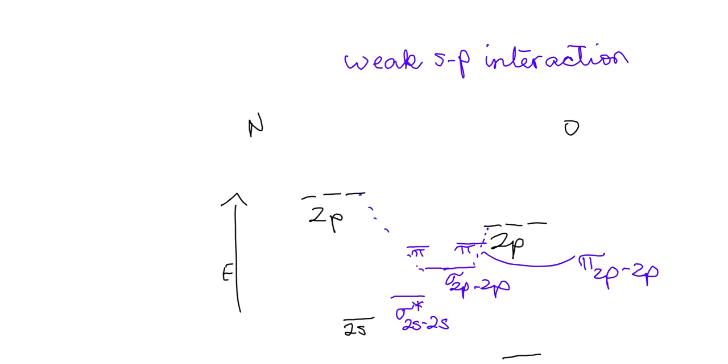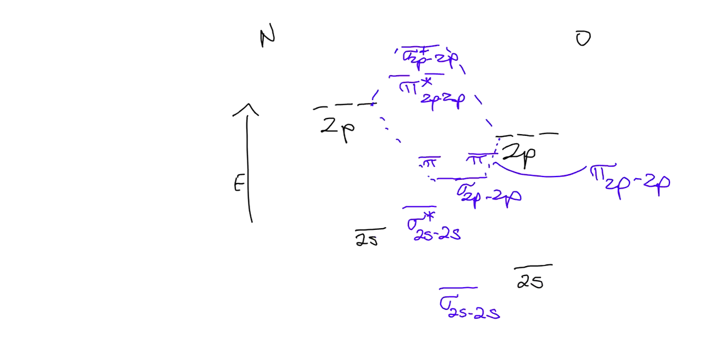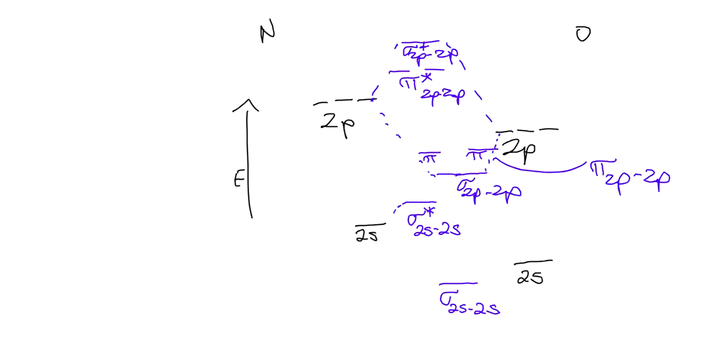So pi star 2p, and my sigma star 2p. Okay. And there's a bit of asymmetry to this. You find that the lower energy sigma is closer to the lower energy 2s orbital. The higher energy sigma star is closer to the higher energy 2s.